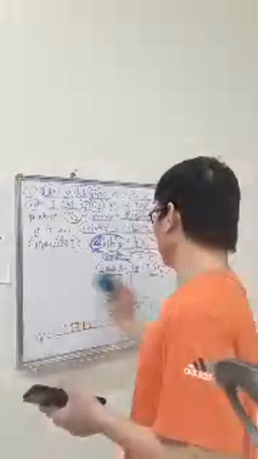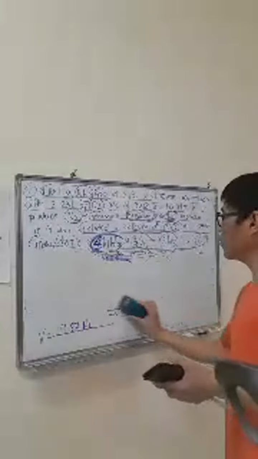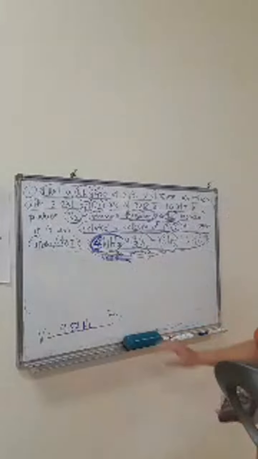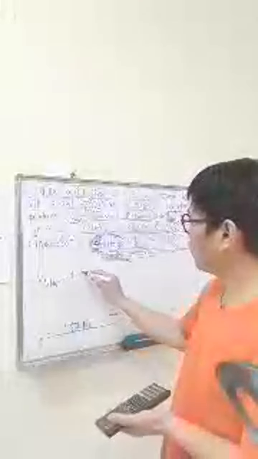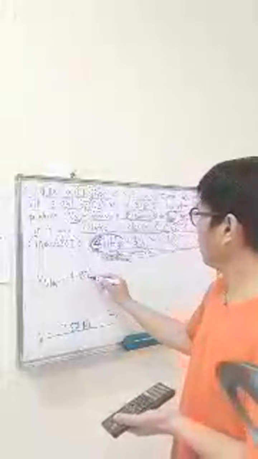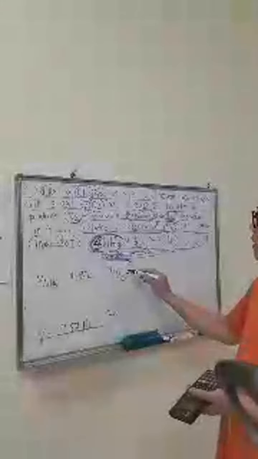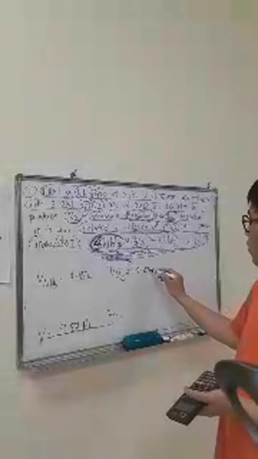So for example, the volume of ammonia is 4.85 liters initially, and the volume of oxygen gas is 5.23 liters.